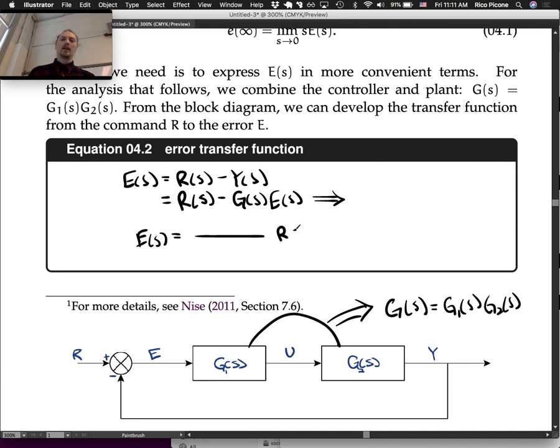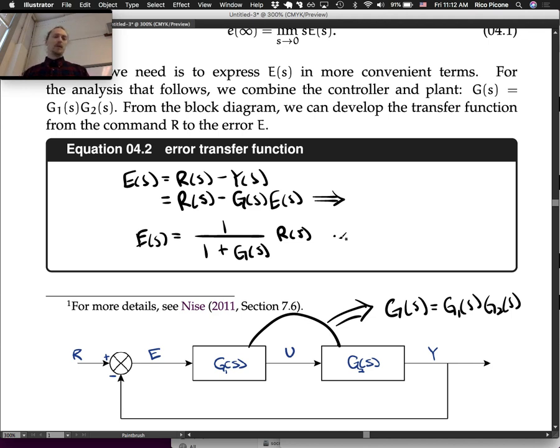So R of s. Nothing ends up in the numerator besides just R, so we put a 1 there. And when we factor out on this side, E just has a factor of 1 plus G. So that is an expression for the error.